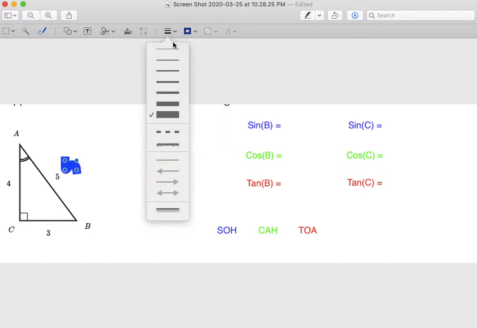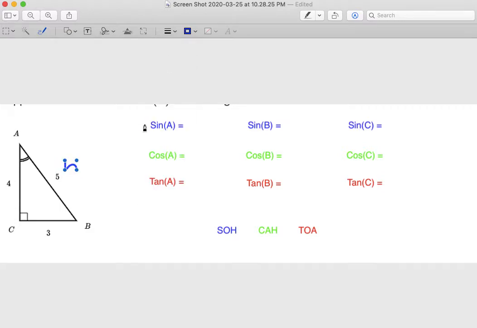So there's my hypotenuse, h. Now these other sides are either going to be the adjacent or the opposite side. But it depends on what angle we're looking at.